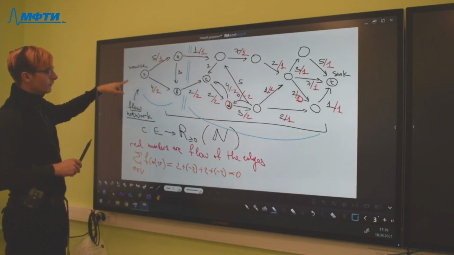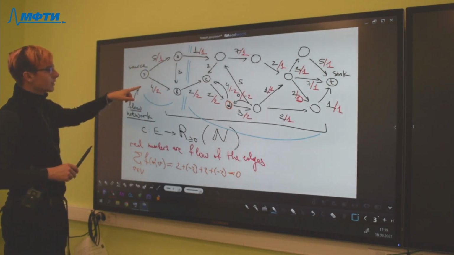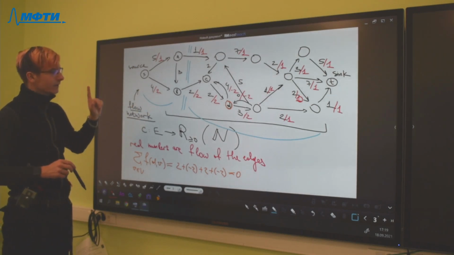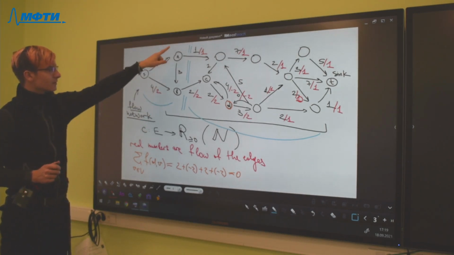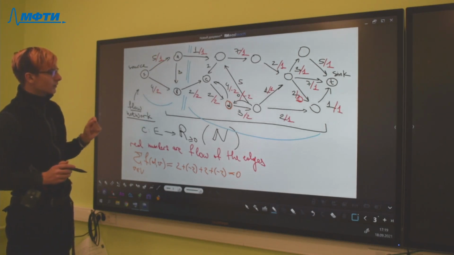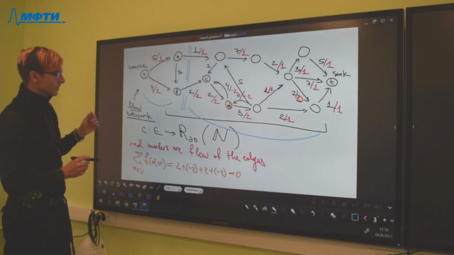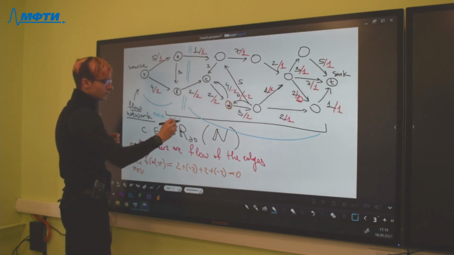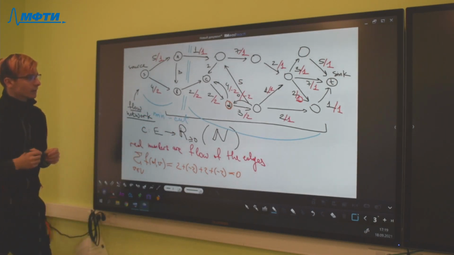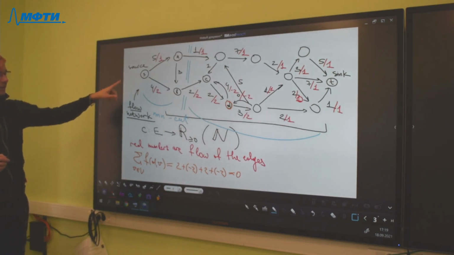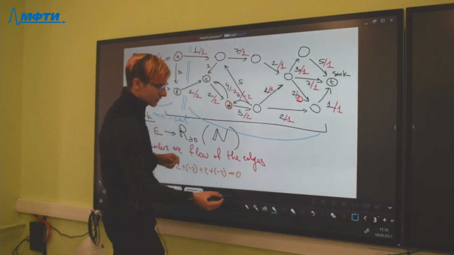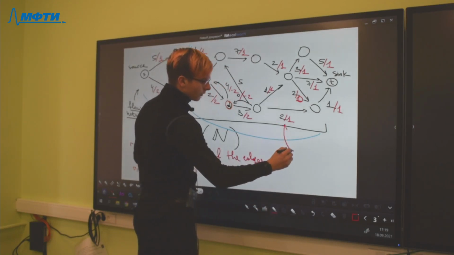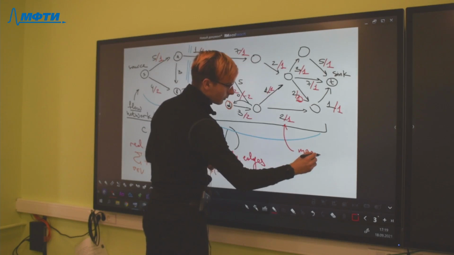And our flow has a value equal to 3 too. So I can say that this cut is named the minimal cut of the network, and our flow is named the maximal flow.